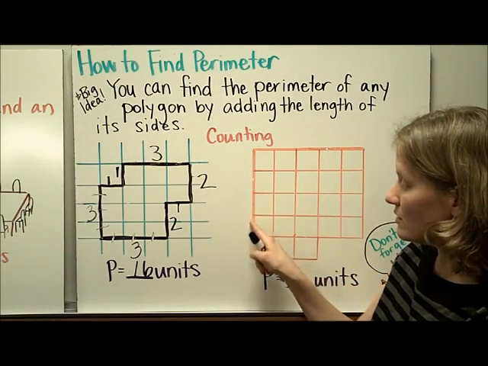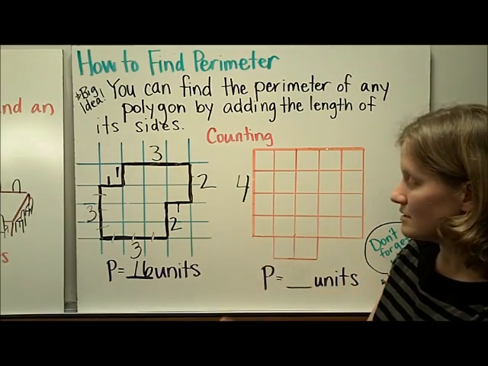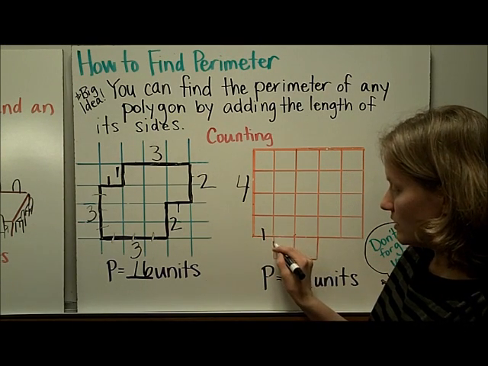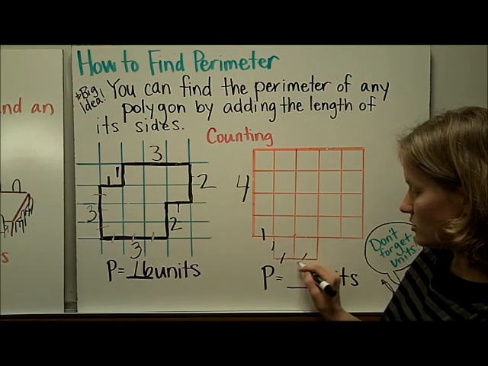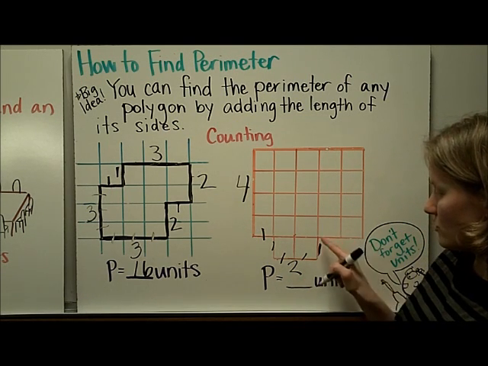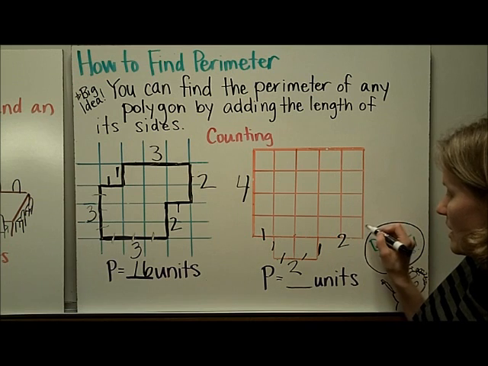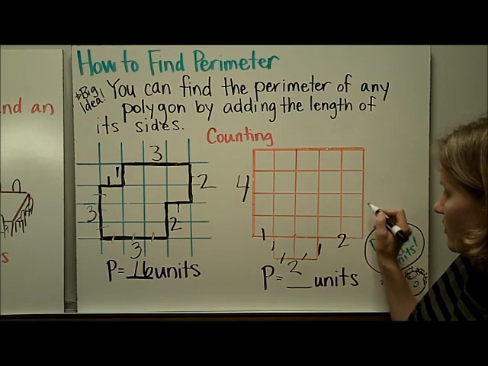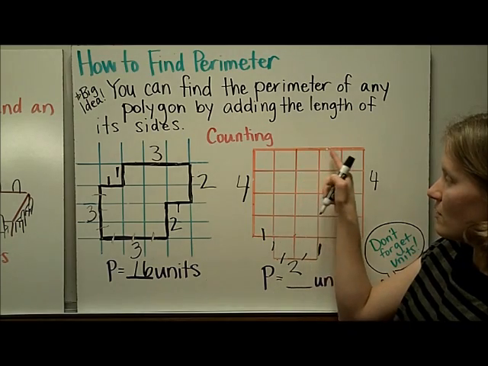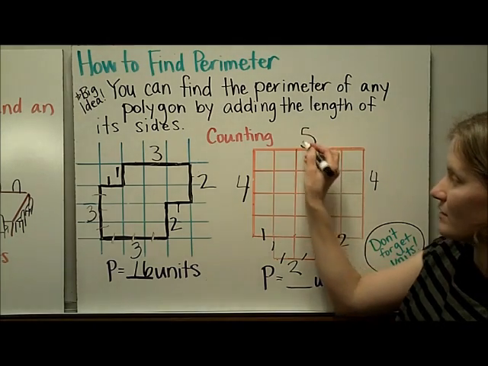1, 2, 3, 4 pieces on this side. One length here, 1 length here, 1, 2 lengths there, 1 here, 1, 2 lengths right there on the short side. This side, right hand side, 1, 2, 3, 4 lengths, and then 1, 2, 3, 4, 5 units long for the top.